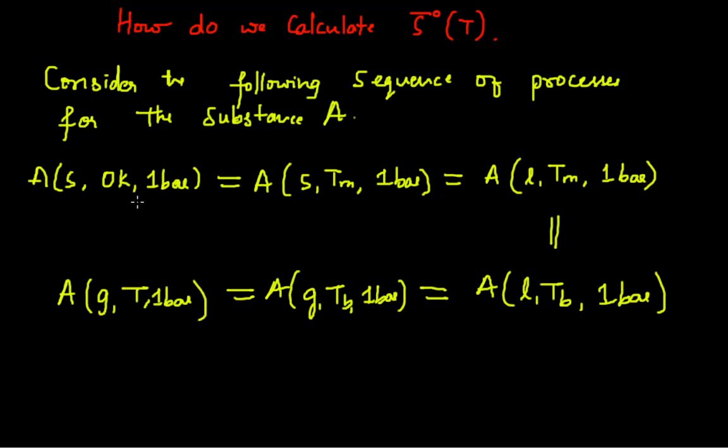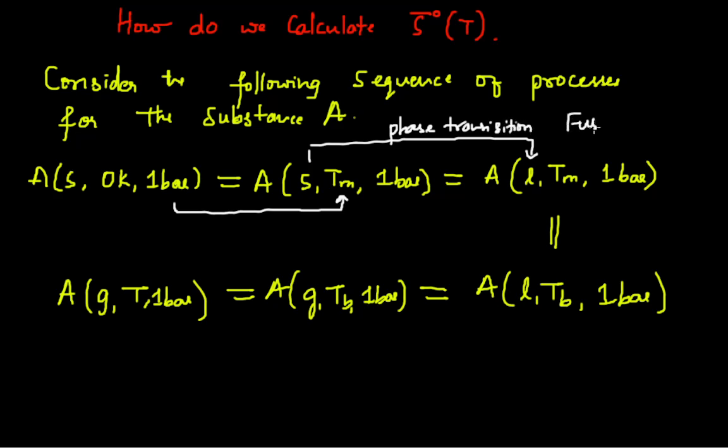So one is from 0 Kelvin to Tm, where there is a temperature difference, and at Tm a phase transition is happening, that is fusion. Again the temperature is increasing, and again here a phase transition is happening.